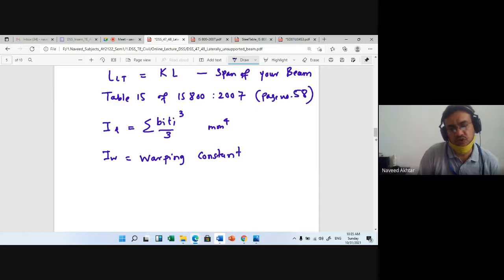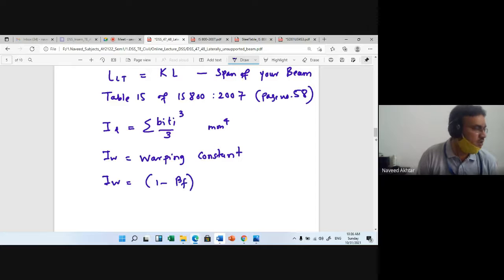You have to calculate this value, and it is given by Iw is equal to 1 minus beta f into beta f into Iy into hf square.